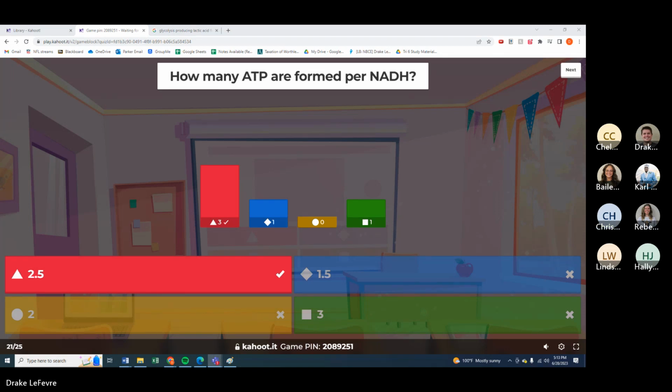1.5. Very good. For the purposes of this class, remember 2.5 and 1.5 for those values. Later on in boards, it's kind of annoying because occasionally boards will use the values 3 and 1, 3 for NADH and 1 for FADH2.